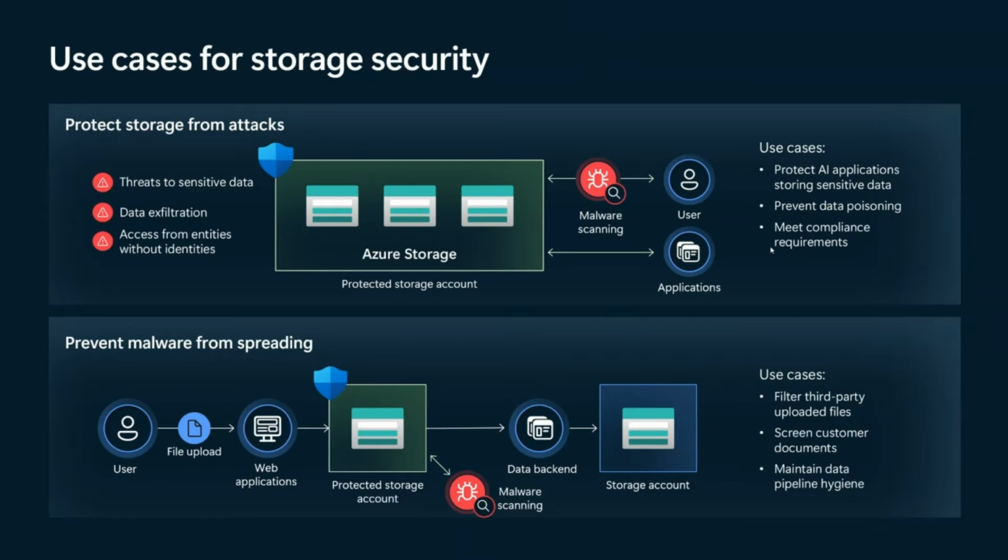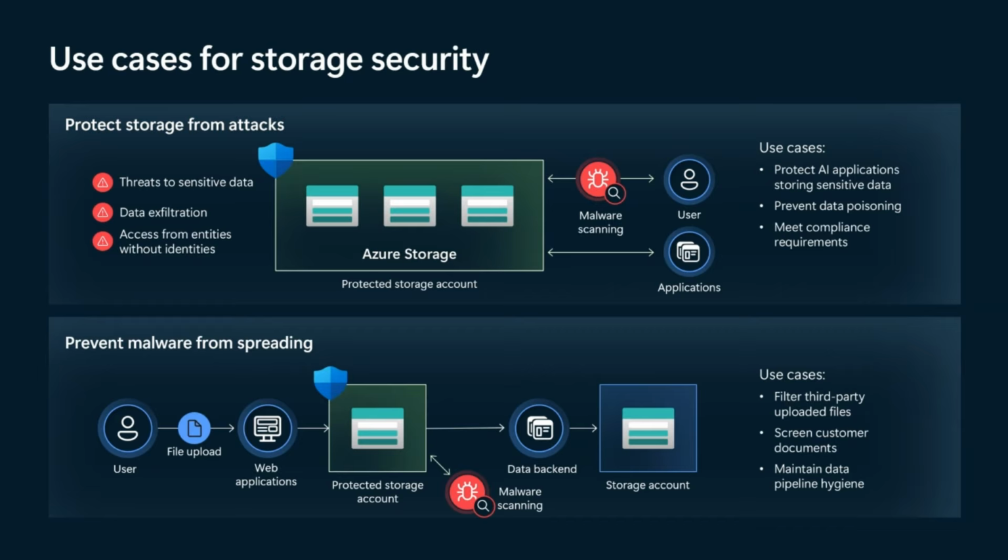Now, if we map out the need for storage security from a use case perspective, we're seeing two main use cases at our customers. The top use case is what we call the enterprise storage use case, where storages are used to store company data.